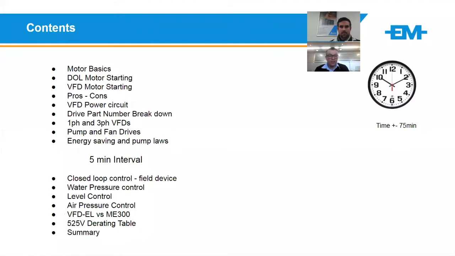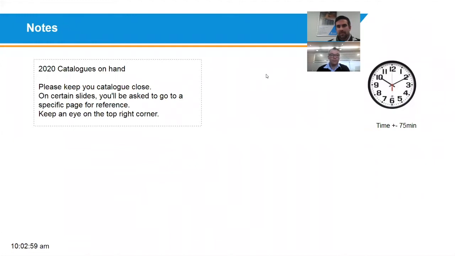And then we'll dive into some more technical aspects, closed loop control, water pressure, level control, air pressure, comparing the old EL versus the new ME 300, and then basically wrapping up from there.